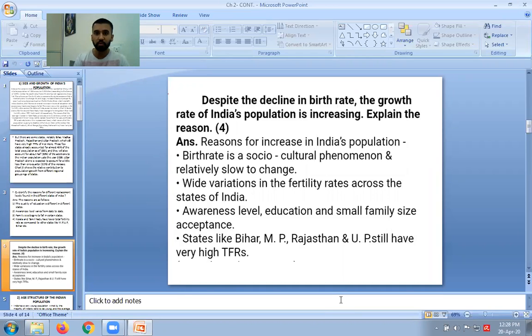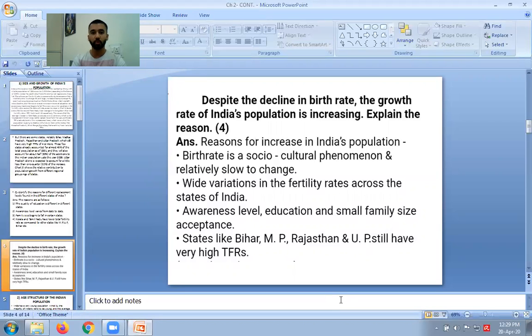So we have been able to cut down our death rate, but the birth rate has not come down, and this has become the reason for India's population to grow so high. We call it population explosion, right? I'm sure you remember that the concept of population explosion comes out of the second phase in the transition theory, and it comes from developing countries.